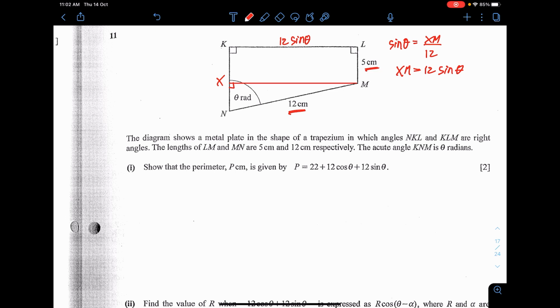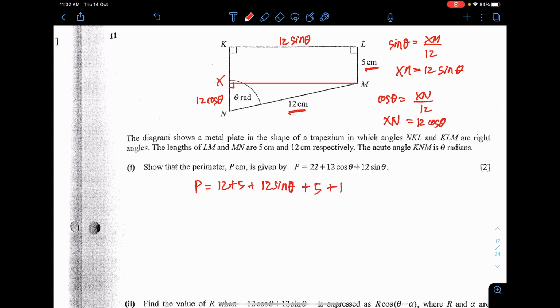And then another one, I'm going to use cosine theta equals adjacent over hypotenuse, so then XN must be 12 cosine theta. Hence, to find the perimeter, I just take the 12 plus 5, obviously, plus the 12 sine theta. And then KX. KX is another 5 cm and 12 cosine theta. Okay, so I'll get 22 plus 12 cosine theta plus 12 sine theta. And done.